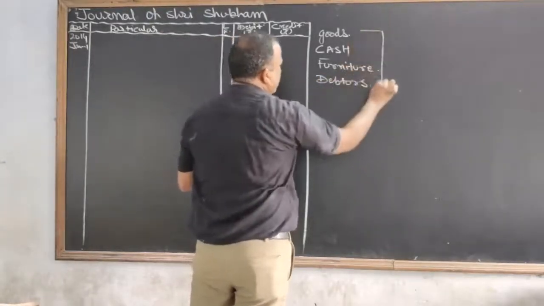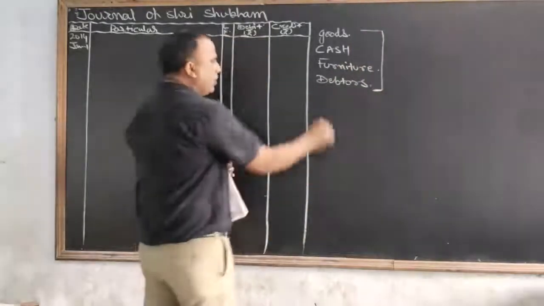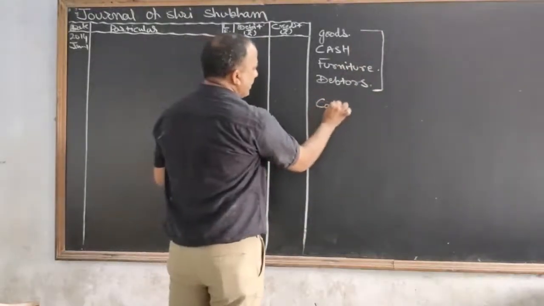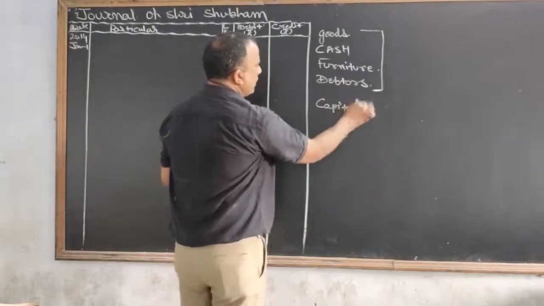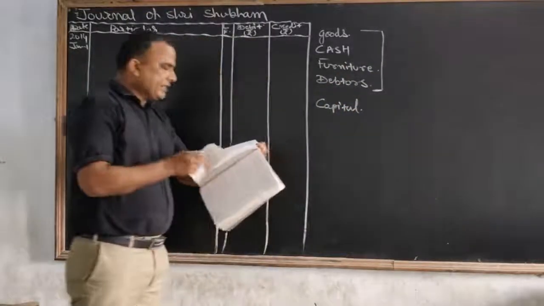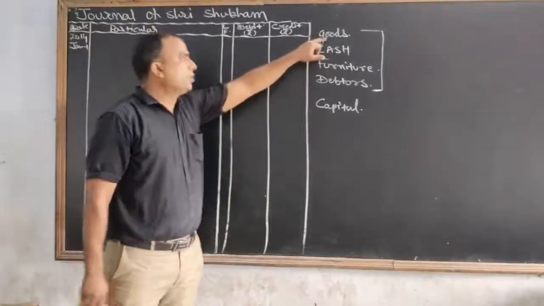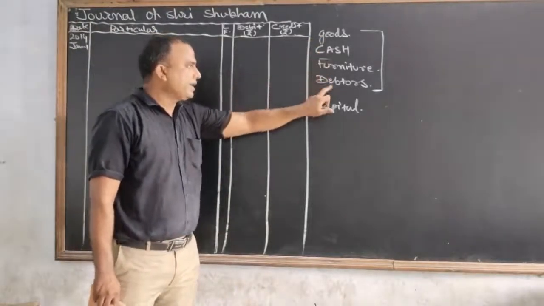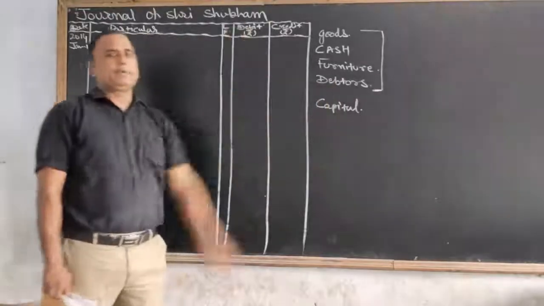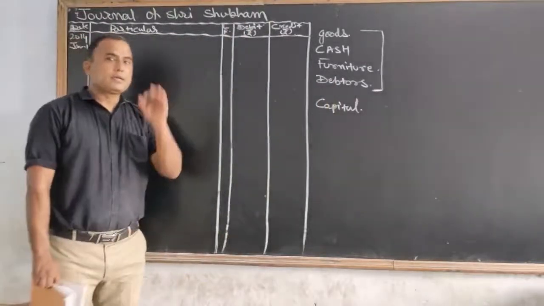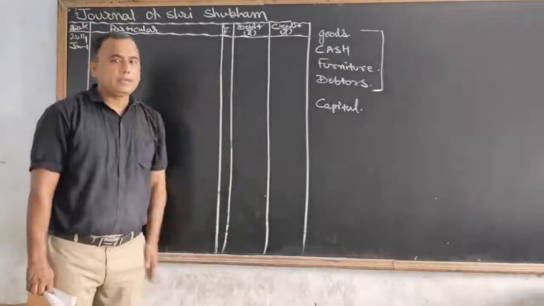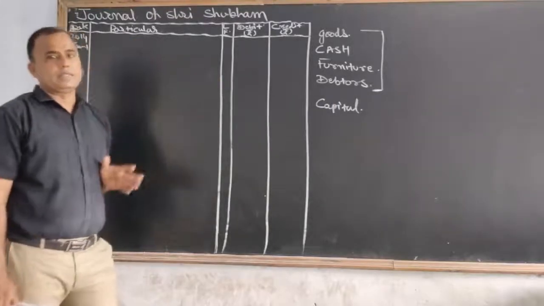And all these things are brought by the owner. That's why capital account is affected. So in a single transaction, so many accounts are affected here: goods, cash, furniture, debtors, and capital. So we have to pass a combined journal entry for these transactions.